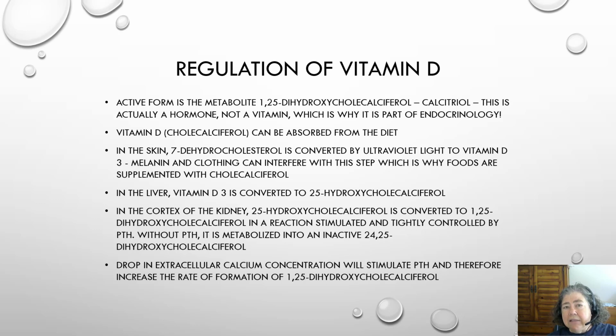So if calcium levels drop and parathyroid hormone is released from the parathyroid glands, in addition to causing calcium reabsorption, it acts in the kidneys to increase the activation of inactive vitamin D compounds to 1,25-dihydroxycholecalciferol.